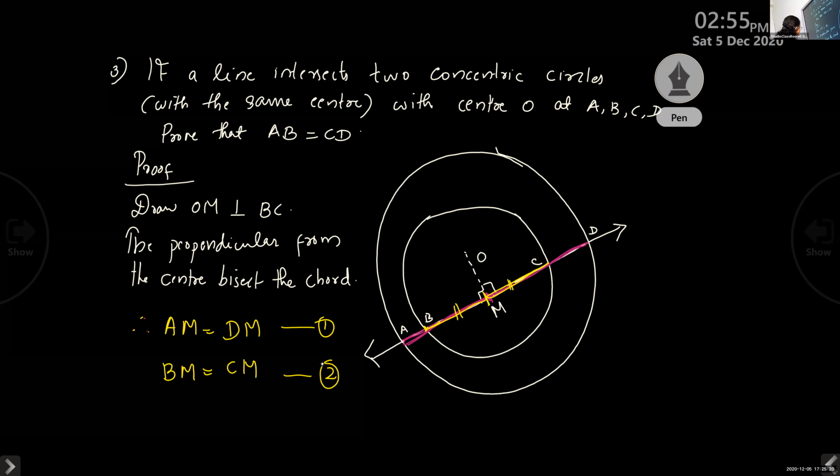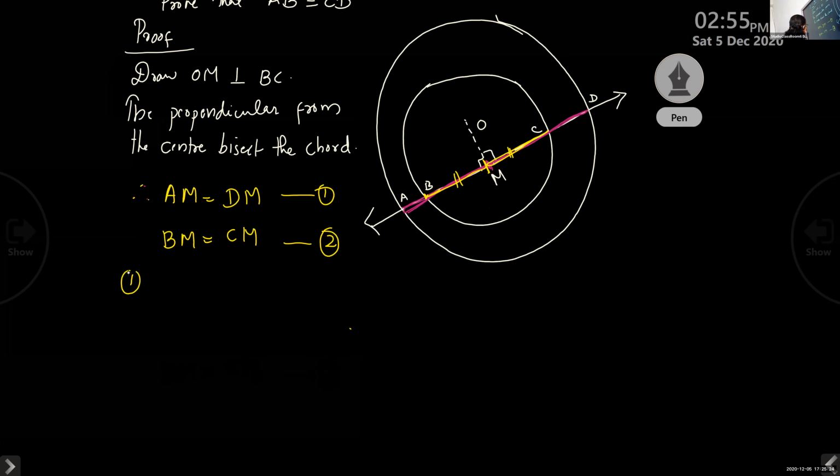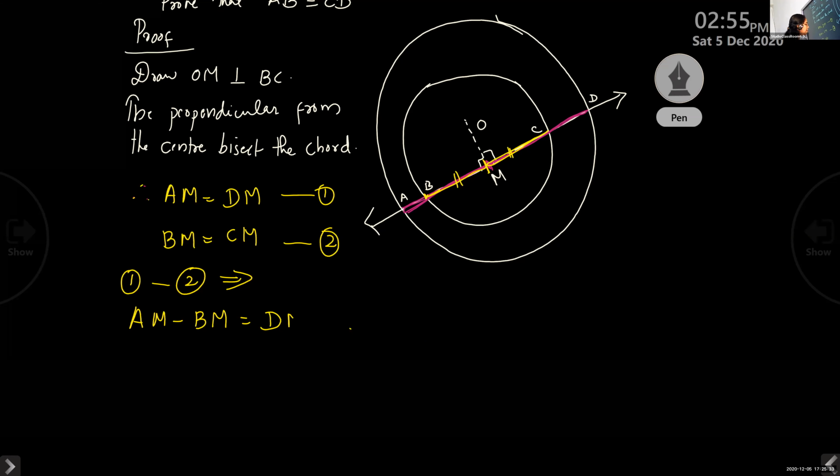We have to subtract both the equations. Equation number 1 minus 2. That means on the left side we will subtract AM minus BM, and on the right side also we will subtract DM minus CM. What will happen if you subtract? AM is the big one.